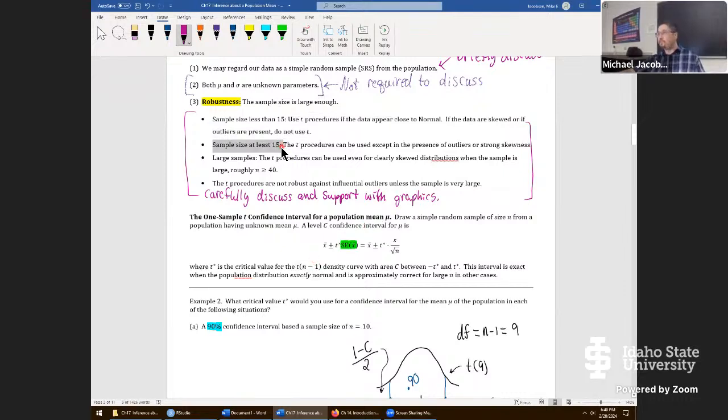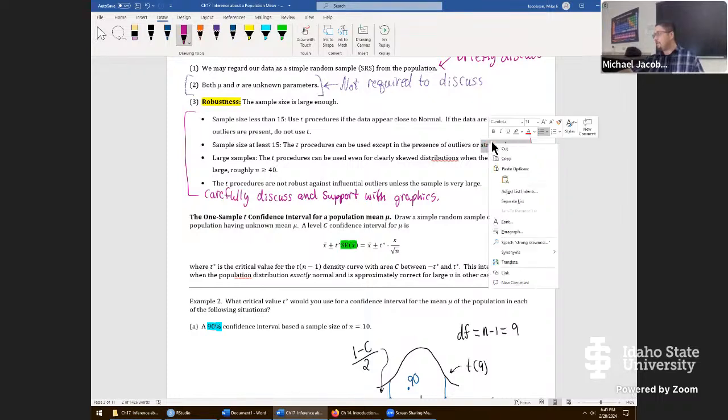Here it's saying sample size at least 15 rather. So think bigger than or equal to 15, but less than 40 for the next bullet right here. If you have a decently large sample size, you're going to be fine in almost all situations, except if there are outliers or you notice strong skewness. I think that's worthy of highlighting right here.